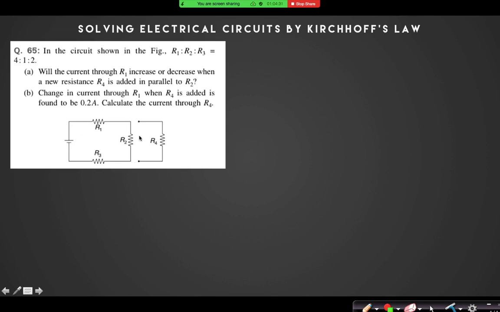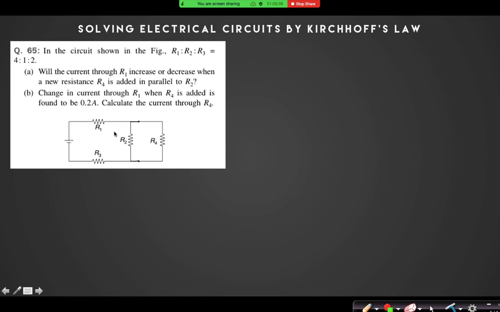If I say that when I add this R4 with this circuit, then the equivalent resistance of that circuit, will it increase or decrease? Can you tell me? Decrease. Because when you add something in parallel, remember that the equivalent resistance will be lower than the lowest one.